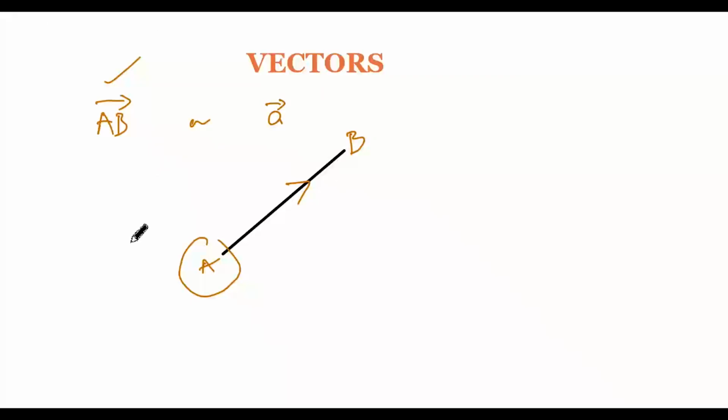As far as the IGCSE mathematics syllabus is concerned, you just have to know the following under vectors. The first one is addition and subtraction of vectors. Let's take this instance.